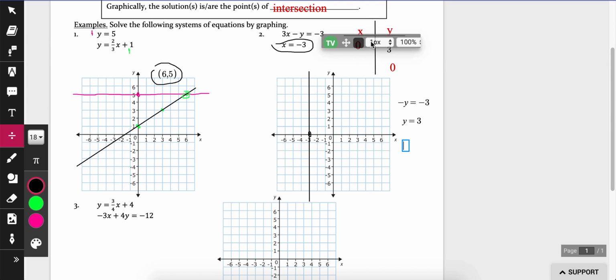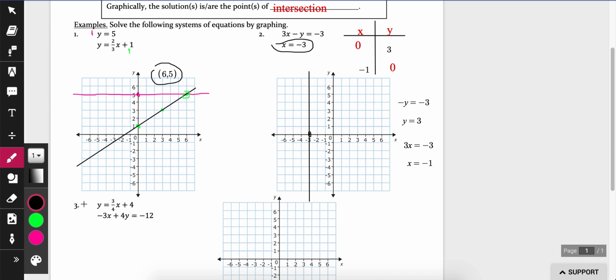Next, I'm going to set y equal to 0 to find the x-intercept. Setting y equal to 0 eliminates this term and just leaves us with 3x equals negative 3. I'm going to divide both sides by 3 to solve for x and get x equals negative 1. Now I have everything I need to create this second line. We have an x-intercept at negative 1, right here, and a y-intercept at 3.